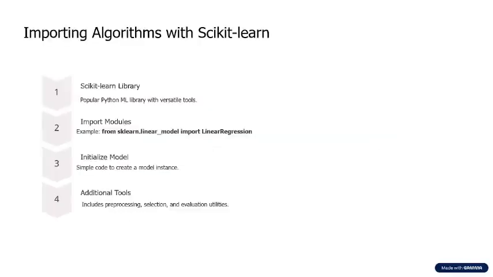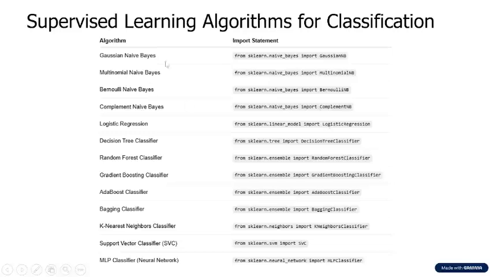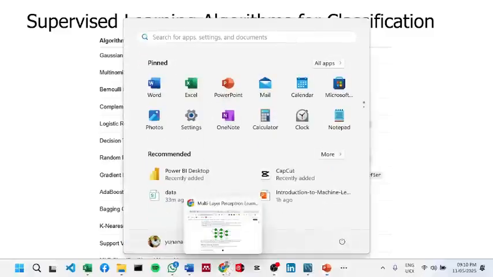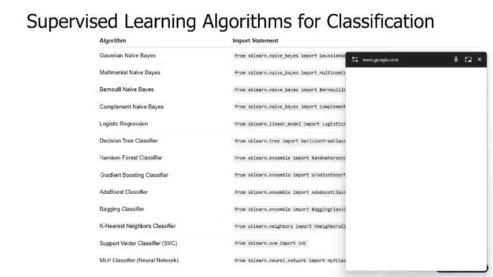Then what about classification? These are the ones for your classification algorithms. So they are also similar. You can see them. These are how you can import them. I think I've shared this slide to the group. Okay. Yeah, I've shared the slide to the group. Okay.